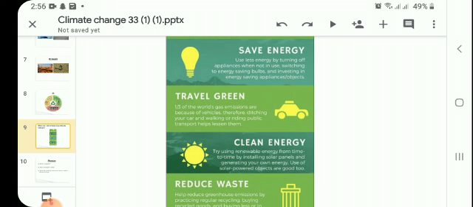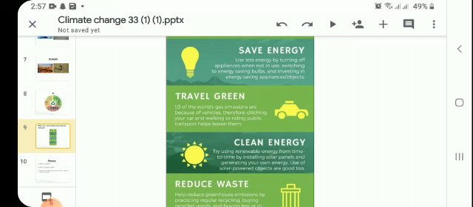Next is travel green. One third of the world's gas emissions are because of vehicles. Therefore, ditching your car and walking or riding public transport helps lessen them. Students, cars run on fossil fuels which release a lot of carbon dioxide into the air.